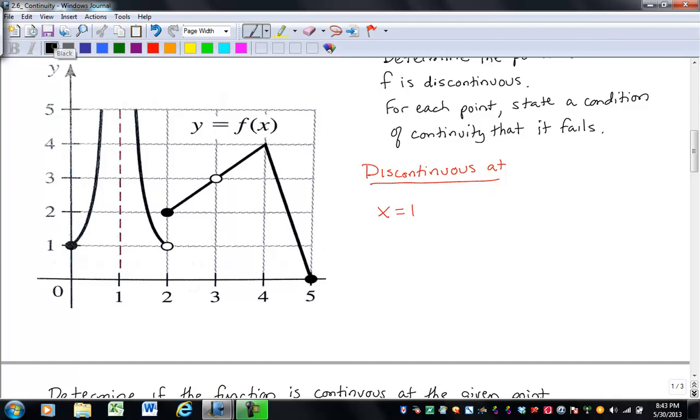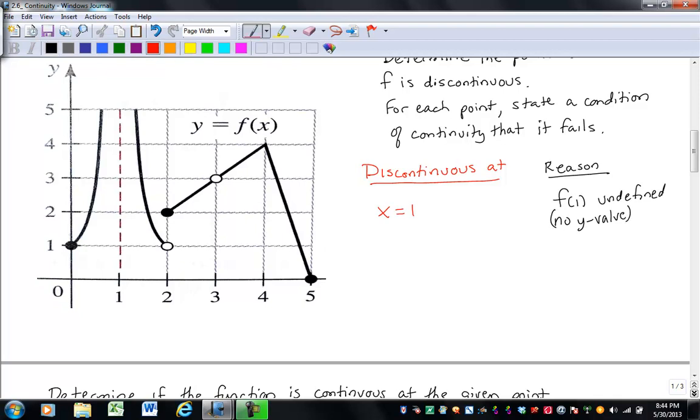So the reason it's not continuous is because the y value is undefined. There is no y value at x equals 1. That's really what that means.